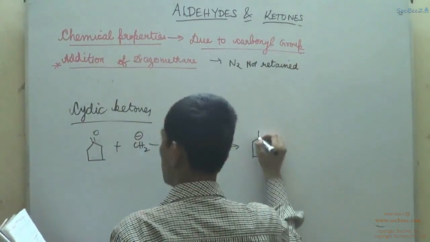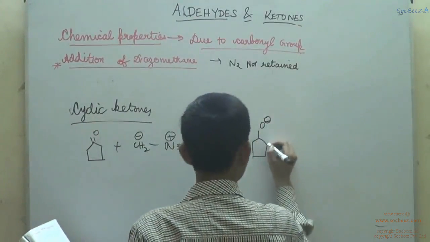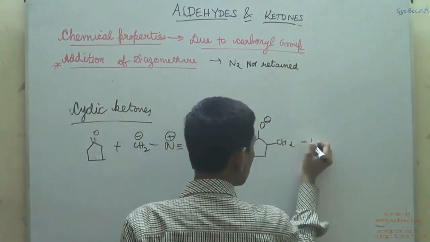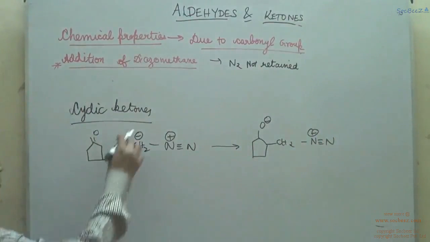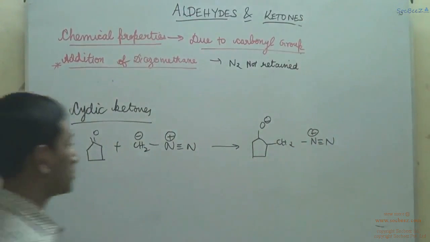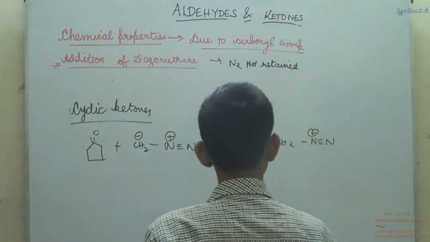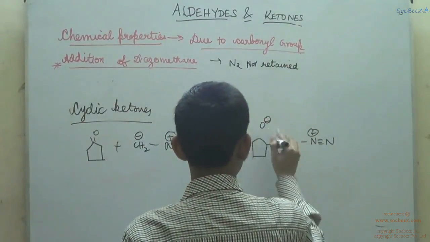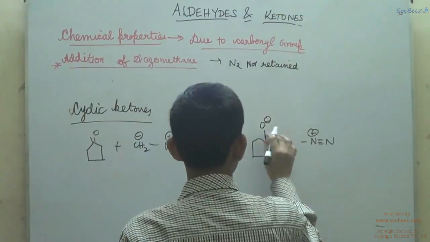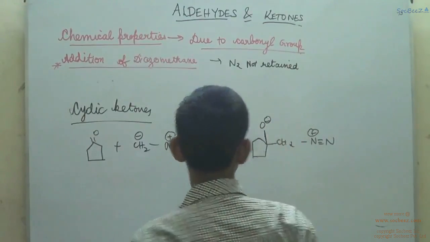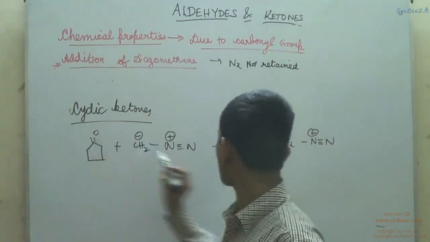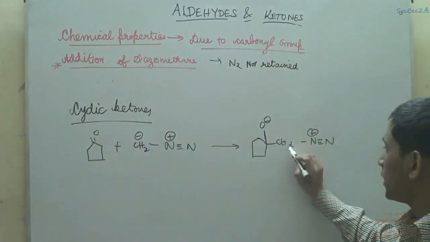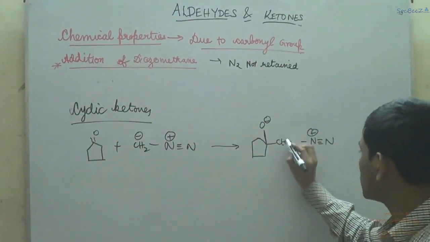So you will get this kind of compound. Okay, I'm sorry, that was wrong. It goes and attacks onto the carbonyl group. So the oxygen gets a negative charge, and this gets attached here.